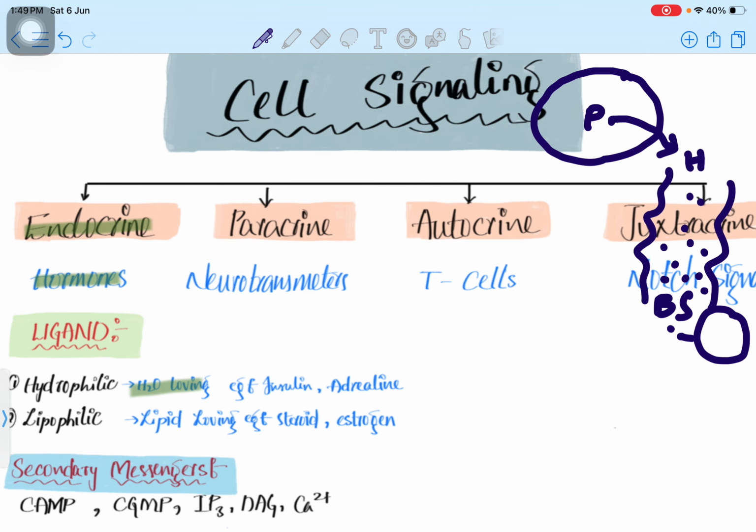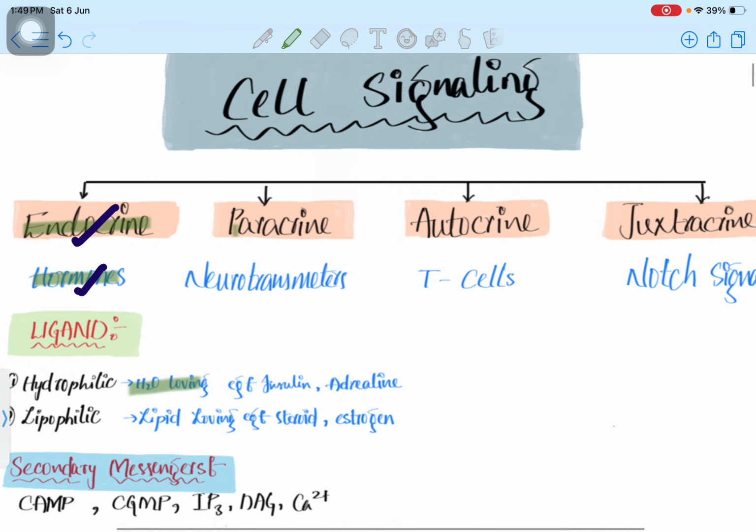It will travel through the bloodstream, go towards the targeted cell, attach to the receptor, and carry out the signaling process. So the pituitary gland is commanding another cell to do these things, with the help of hormones in the endocrine. This travelling process from the pituitary to another cell is known as endocrine.